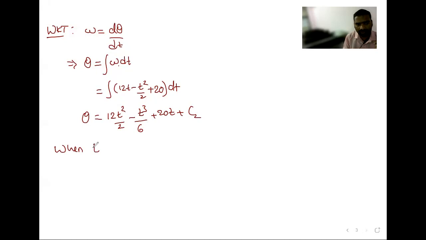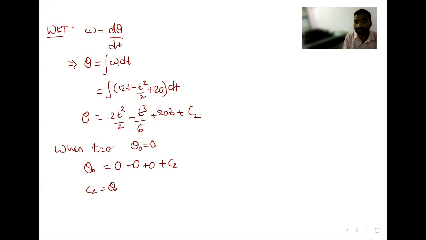When time t is equal to 0, what is theta? We know that theta naught is equal to that, is 0. Correct? So substitute here in this equation. So theta naught is equal to, t is equal to 0, so the terms are 0, minus 0, plus c2. It means c2 का value कितना आ गया? Theta naught. Then what do I want to find out?